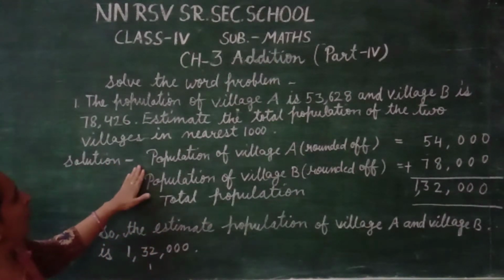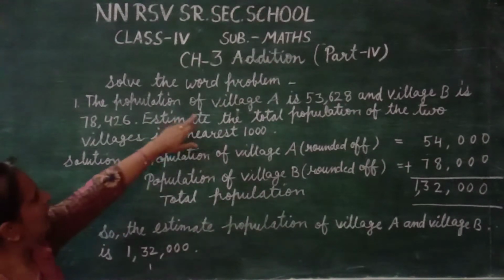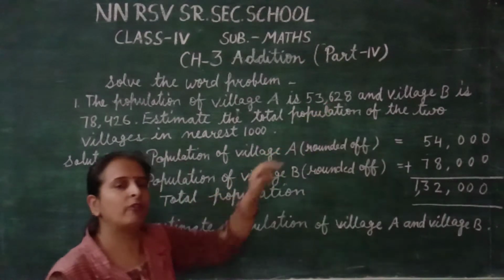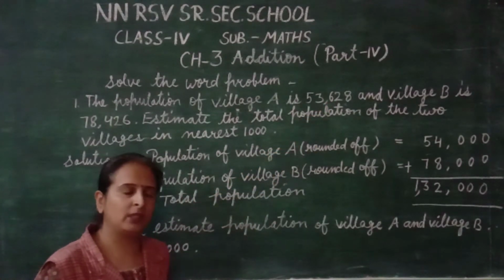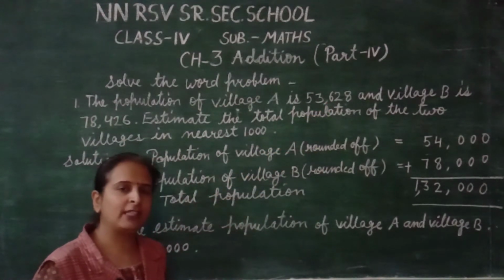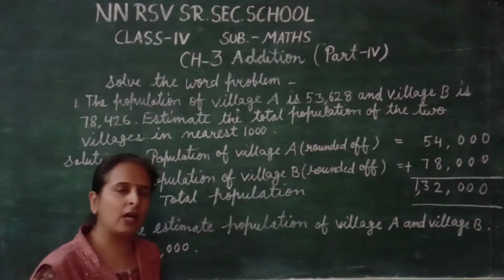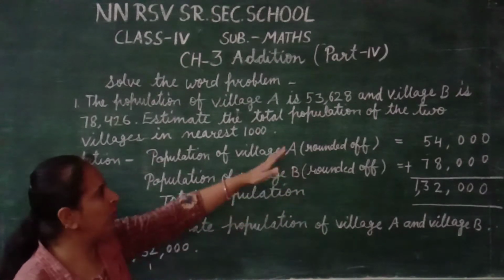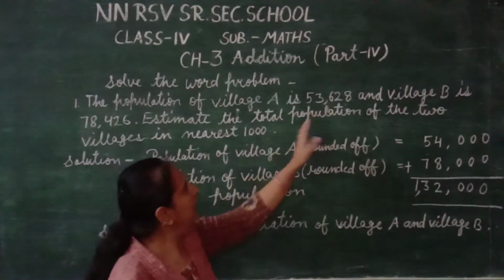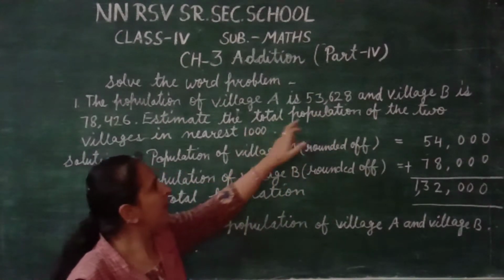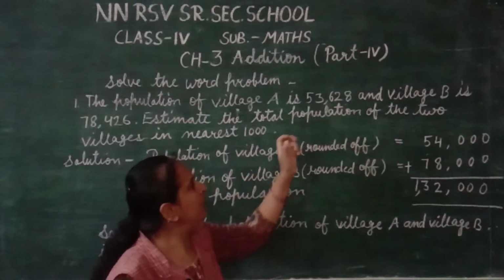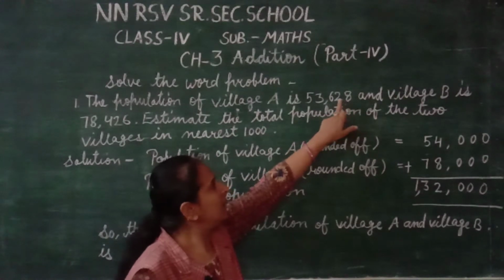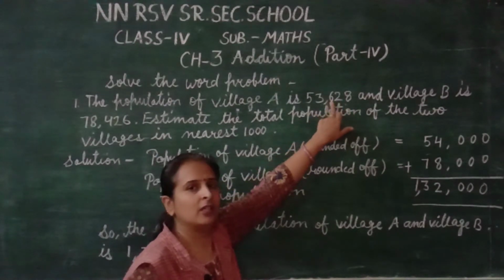So the population of village A is 53,628. First of all, we have to round the numbers. In previous classes we have learned how to round off numbers, but I am repeating how to round off to the nearest 1,000. When we round to the nearest 1,000, we check the ones, tens and hundreds.